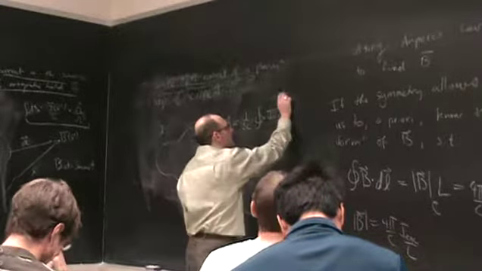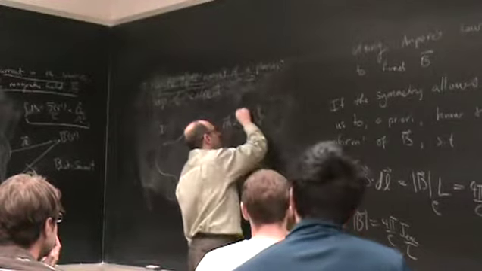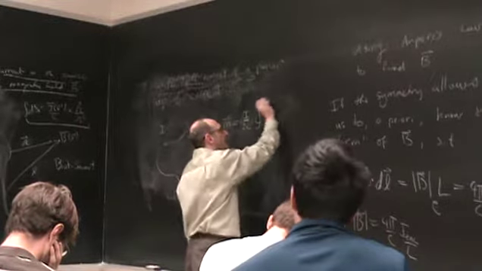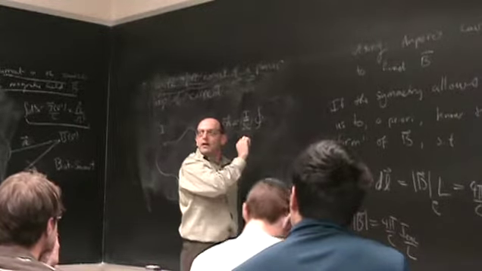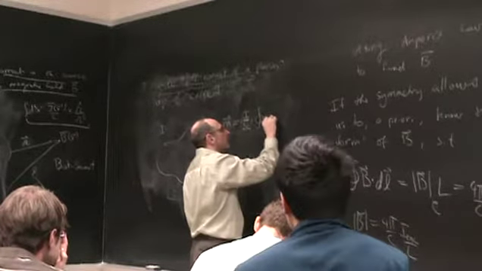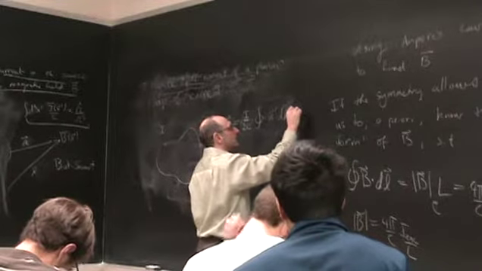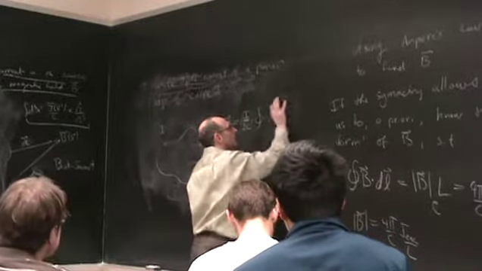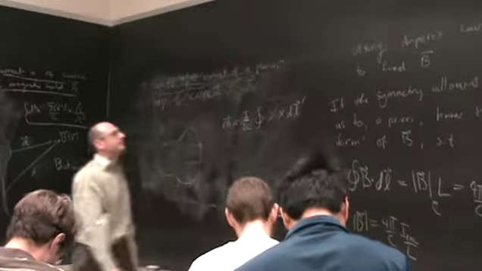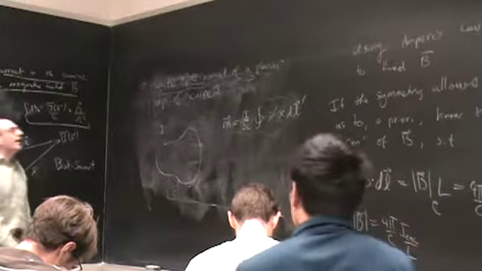Okay, and then I have to cross that in. I is constant, so if it's a steady current, it comes out. So I have x prime cross I dl.